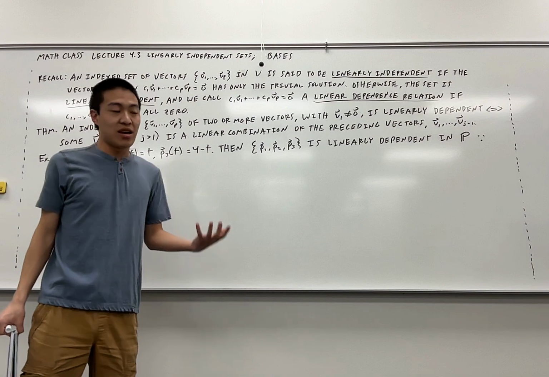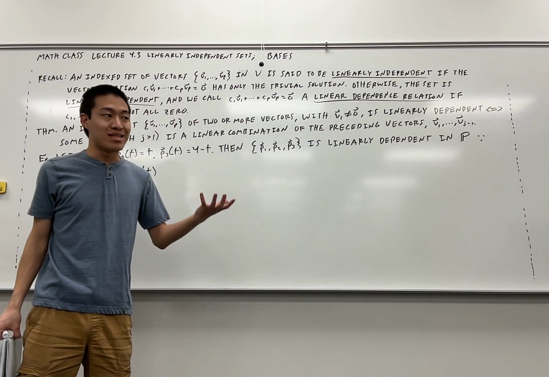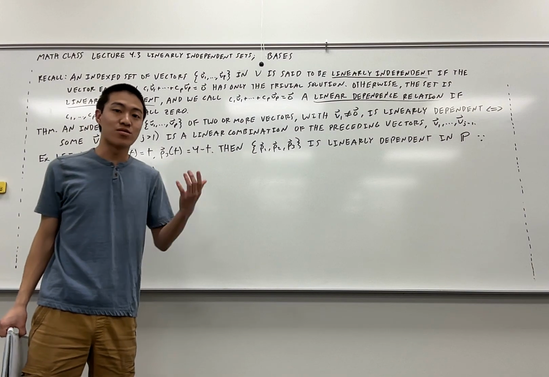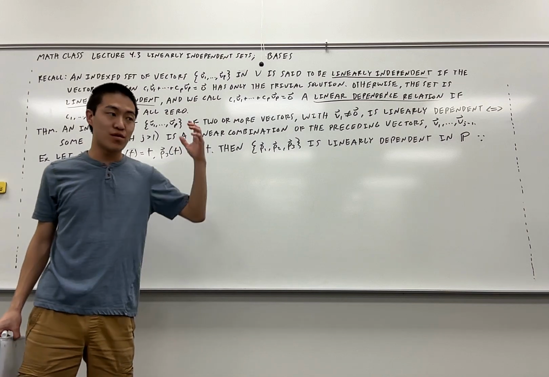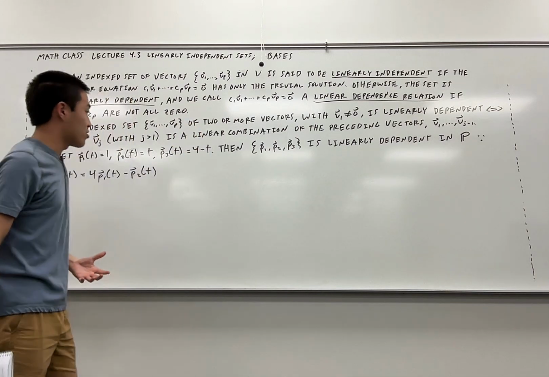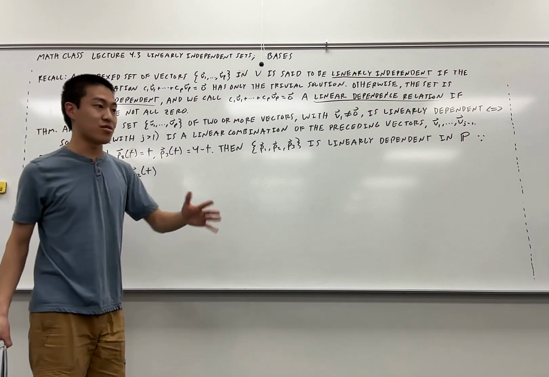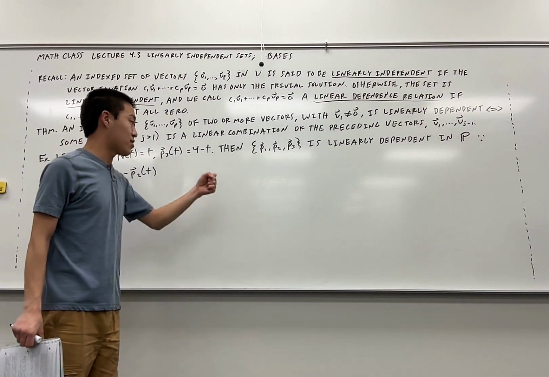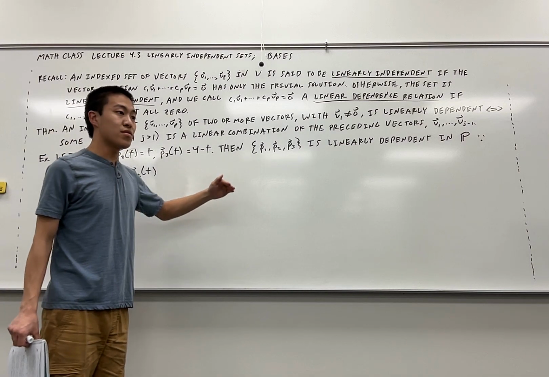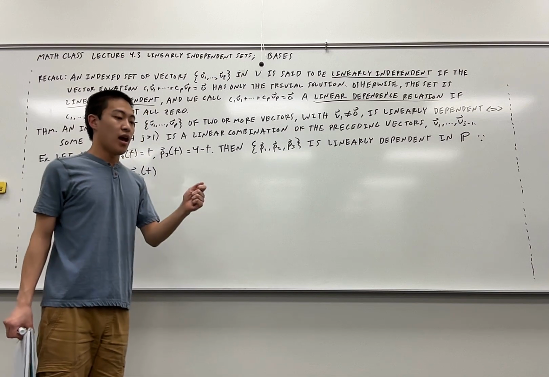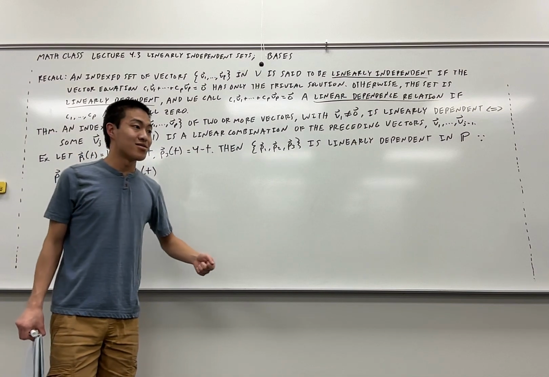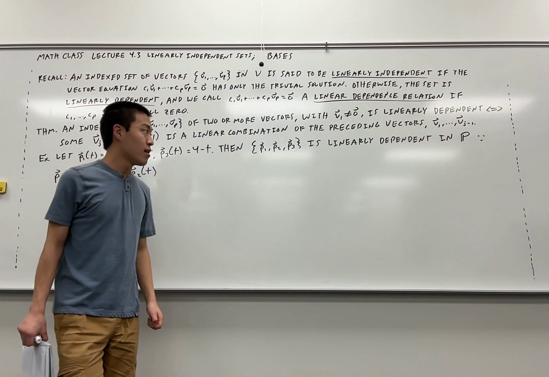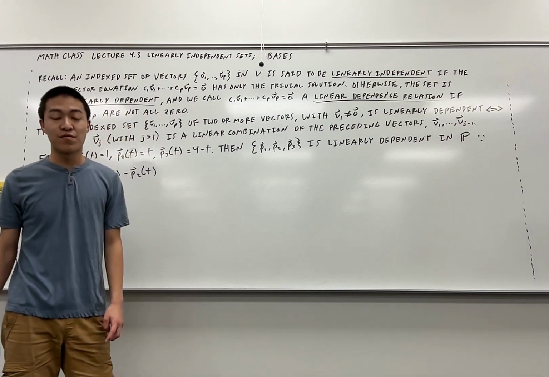A basis is a fundamental thing, a foundational thing: the grounds, the foundation, the bare minimum things that you use to build everything. The basis of a house, the foundation of a house, your pillars. A basis is going to answer the question: how can I most efficiently span a certain subspace using the fewest possible vectors?